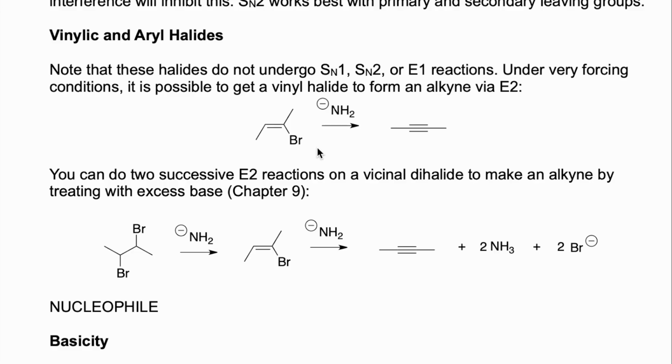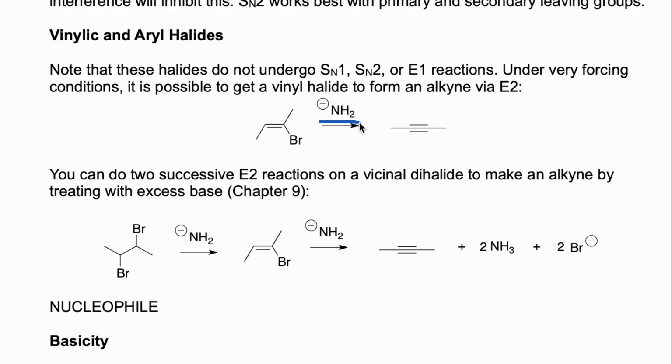We did learn in Chapter 9 that you can take a vinyl halide and remove a proton from the neighbor and let the leaving group leave. If you have a very, very strong base and very, very harsh conditions, you can get that to happen.